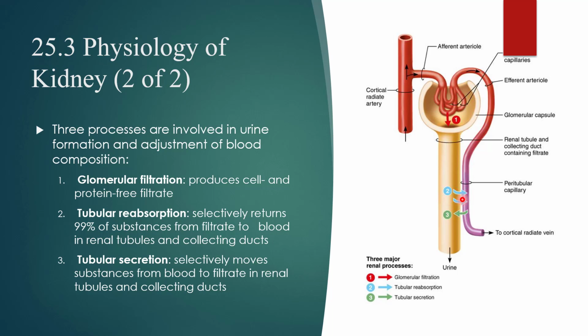And they are reabsorbed into the peritubular capillaries, and the vasa recta also. Then, once it goes back into the blood, some substances would still be selectively moved from the blood back into the filtrate to get rid of some more stuff.